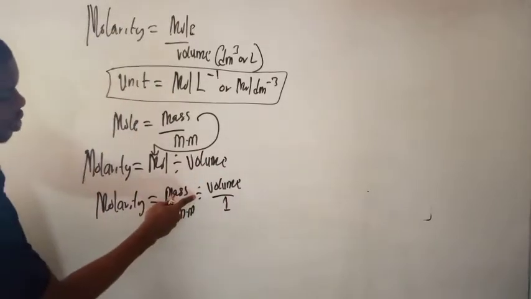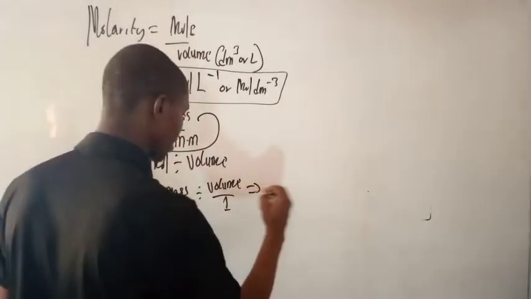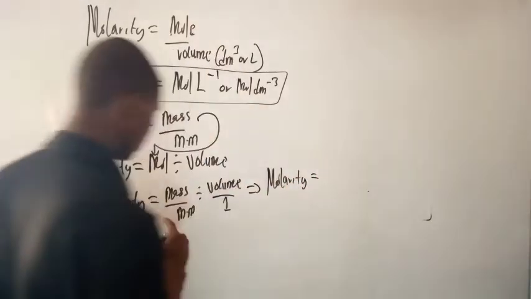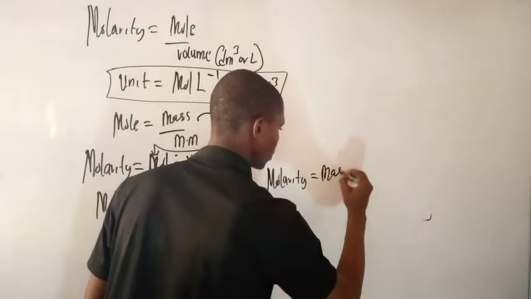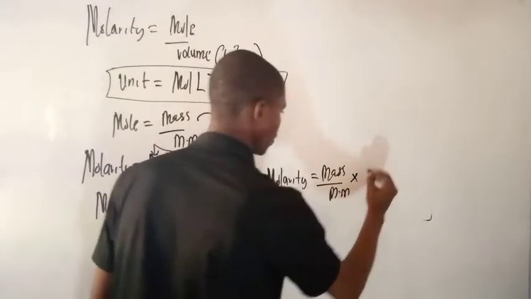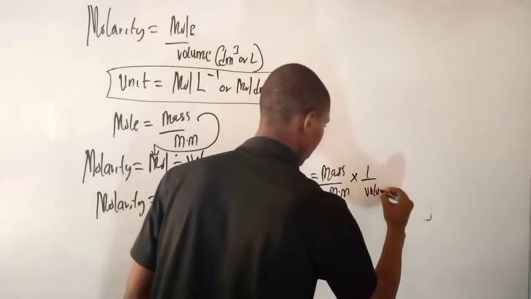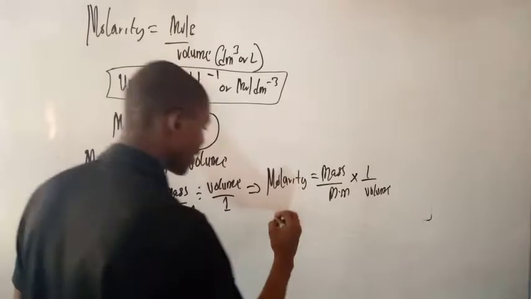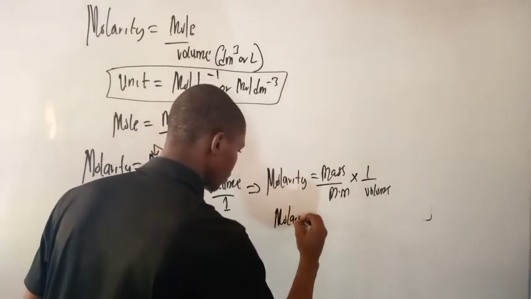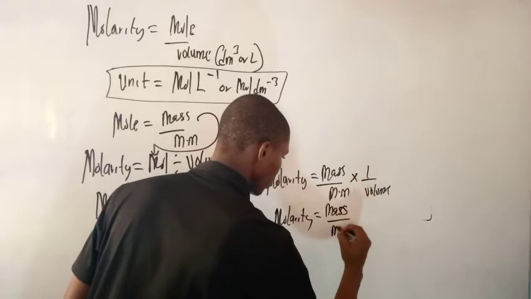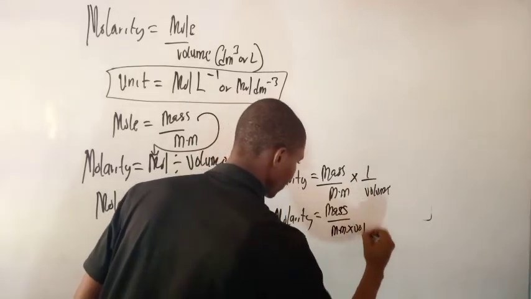If I change the division to times, what am I going to get? I want to have molarity equals mass over molar mass times 1 over volume. You get? So it means that my molarity equals mass over molar mass times volume.